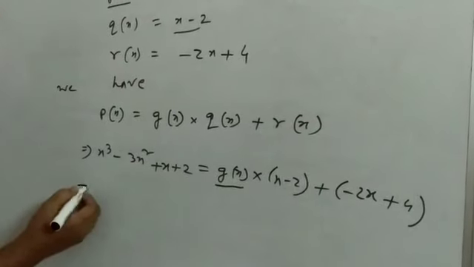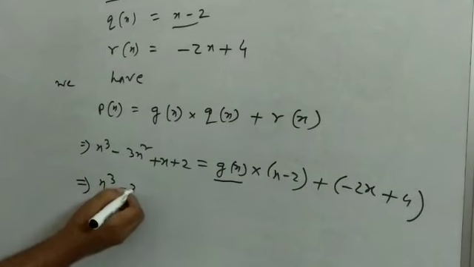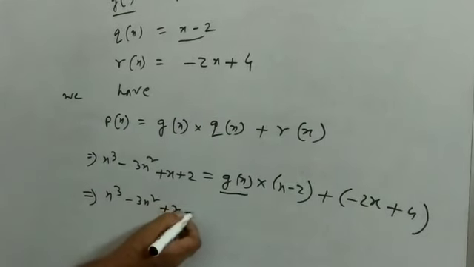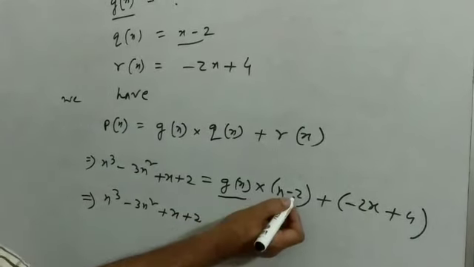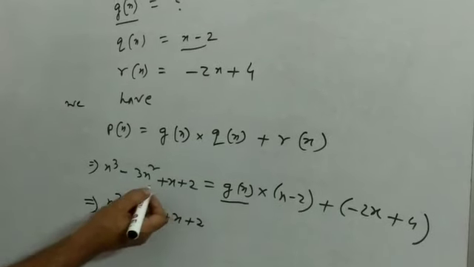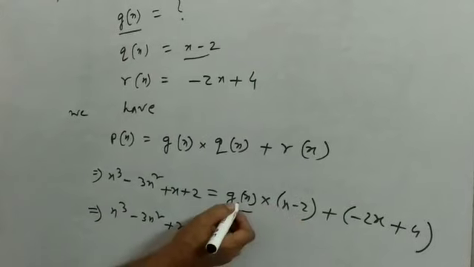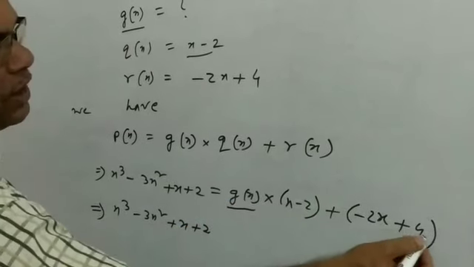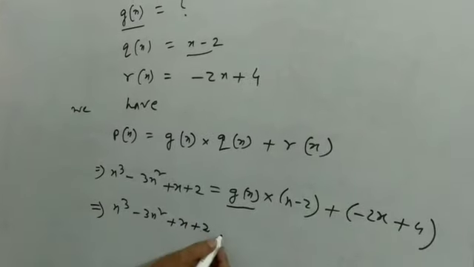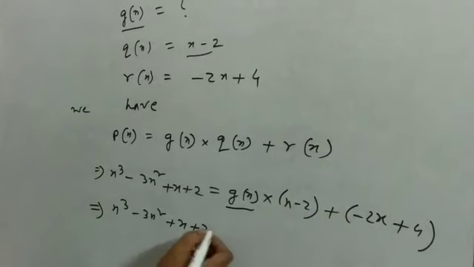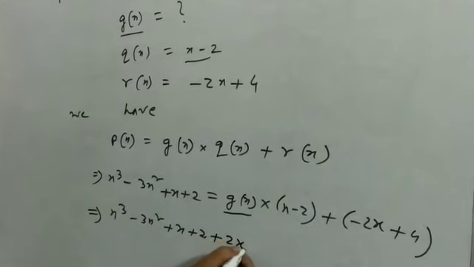So it's important to know how to simplify x cube minus 3x square plus x plus 2. X minus 2 we cannot transfer to this side, since x minus 2 is multiplied with this term. But this term can transfer to this side. If we remove the bracket, minus 2x transferred becomes plus 2x.